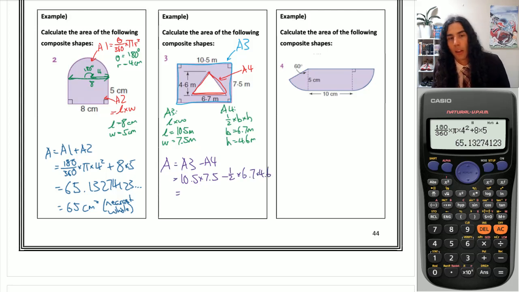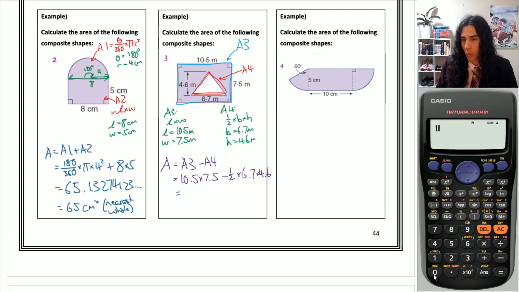Calculator, done. So this way we only have probably 4 lines, right? You write down how you're going to find the area, and you show the numbers, then you write it out, then you round it. 10.5 times 7.5 minus half times 6.7 times 4.6.